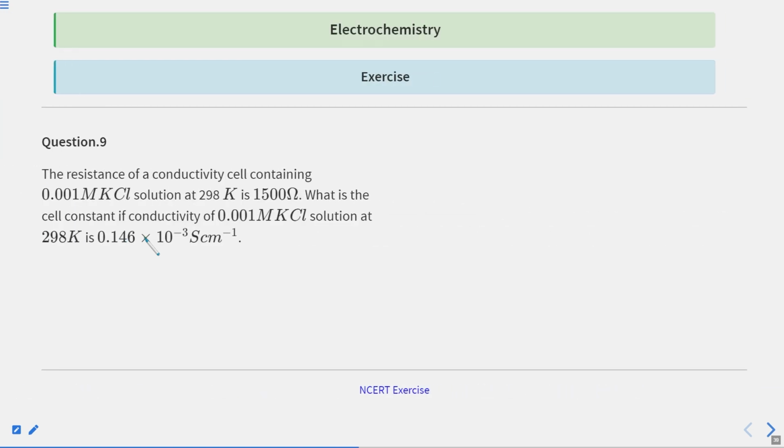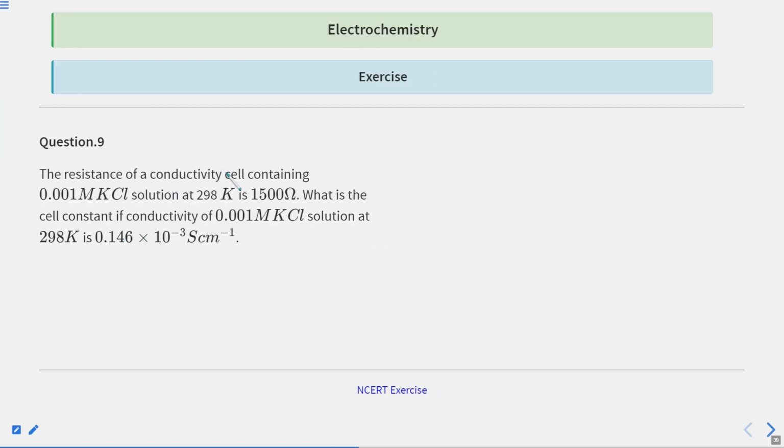Now next question. The resistance of a conductivity cell containing, its concentration is given, I would say molarity is given. It is given as 0.001 at 298 Kelvin is 1500 ohm.